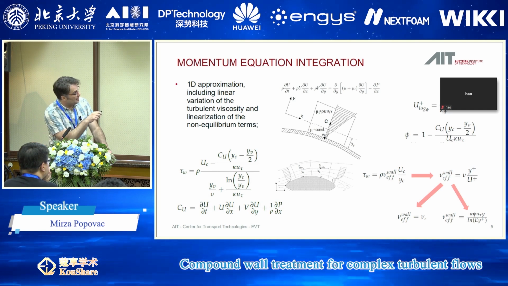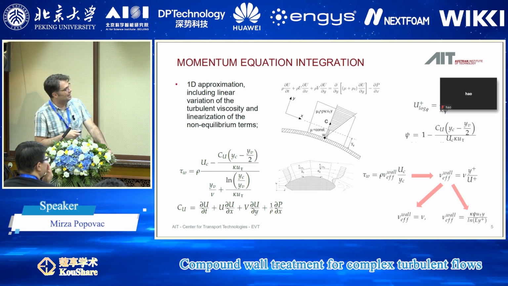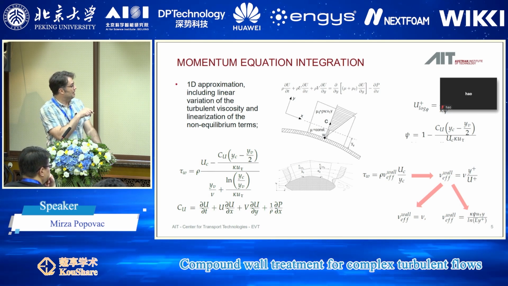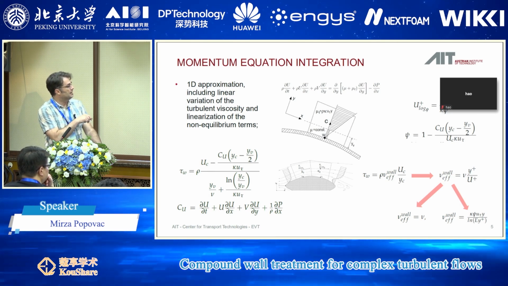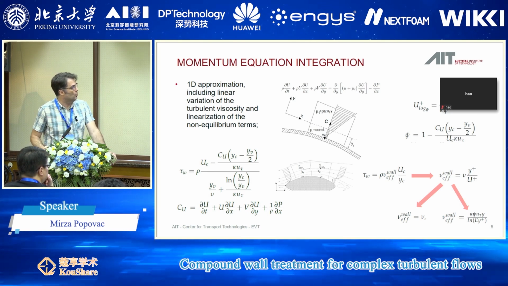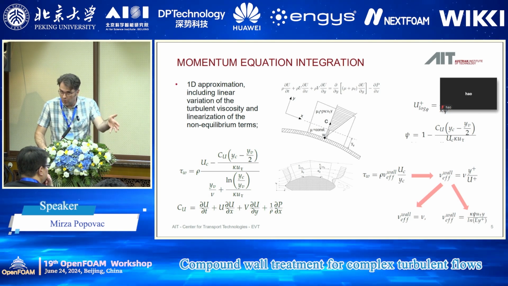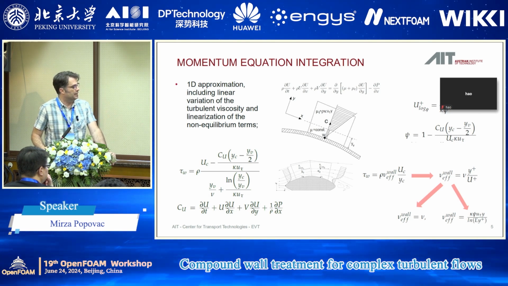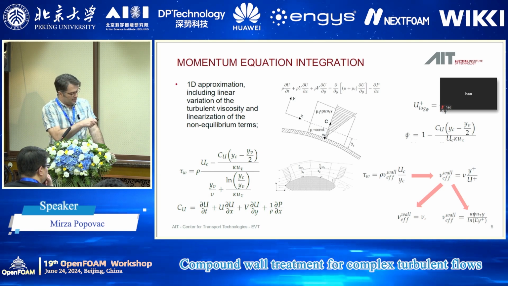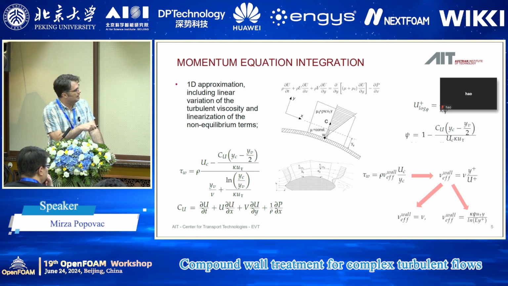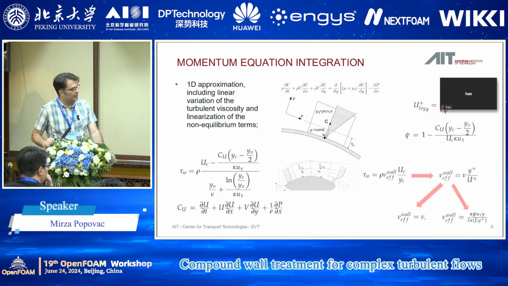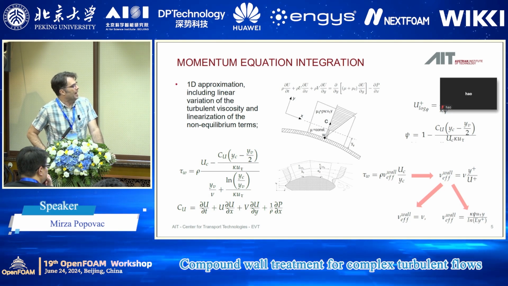What you don't see on the screen is how this turns the shear stress into the standard log-law form, which is nice because we know that holds, we have seen it in the experiments. The only difference is exactly this non-equilibrium factor psi.